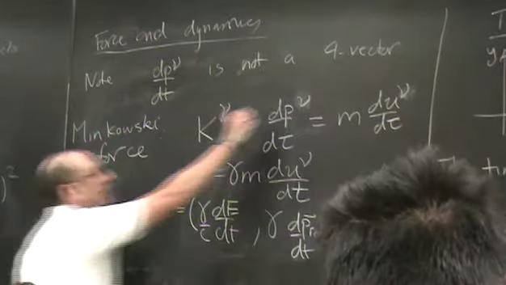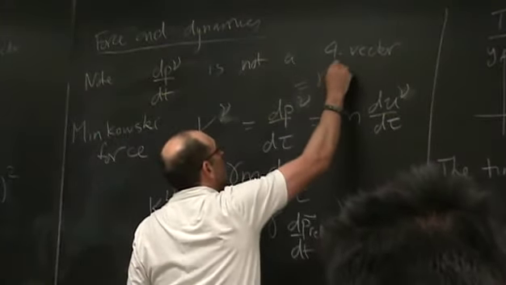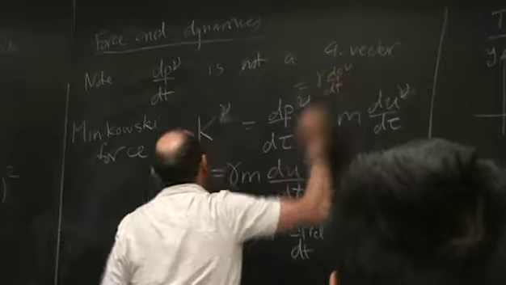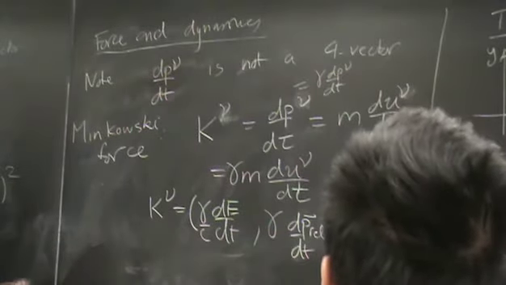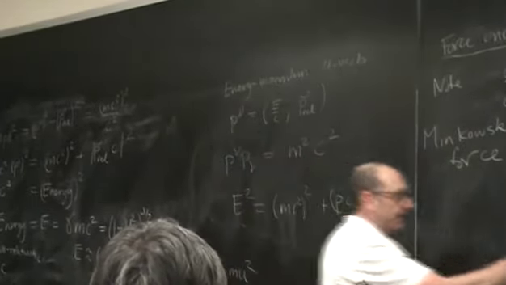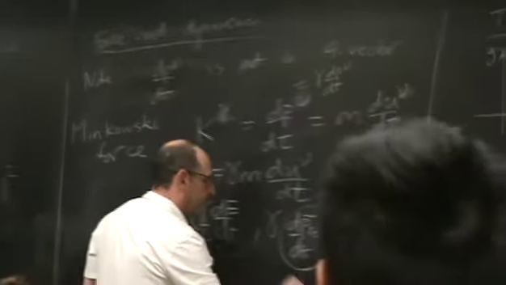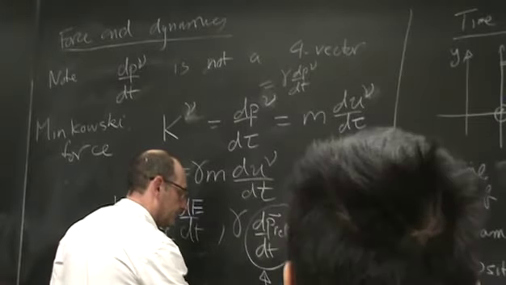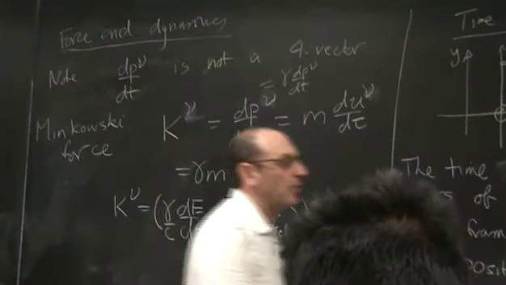And this is equal to gamma dp^ν/dt. Plugging in this. All right? This is what we call, in Newtonian physics, the force, the rate of change of the momentum with time.